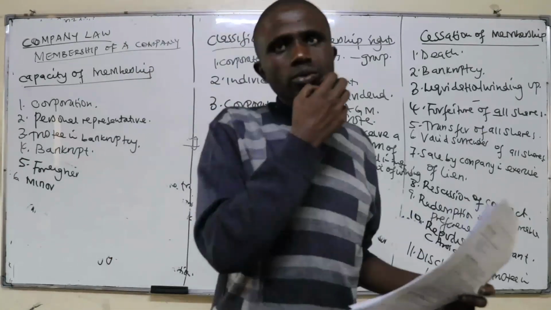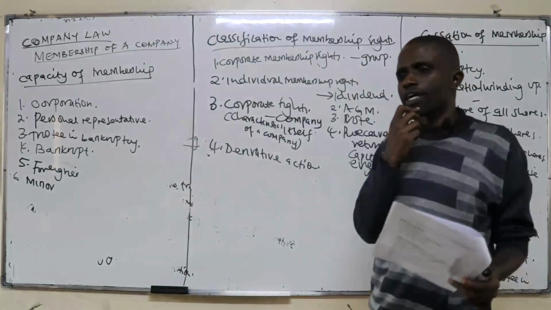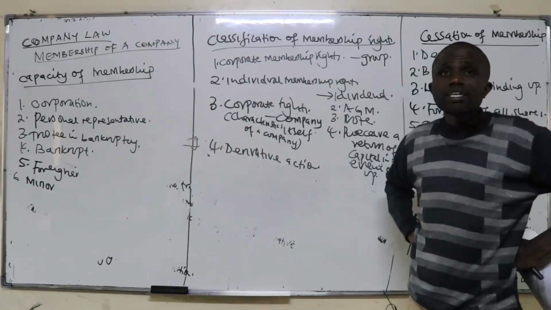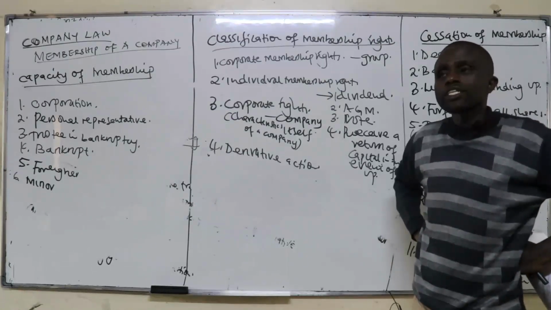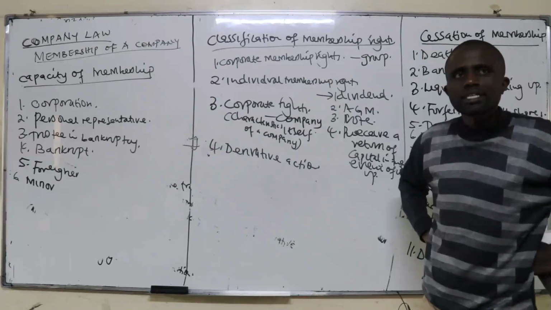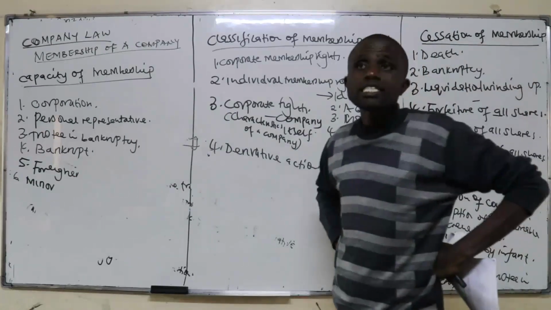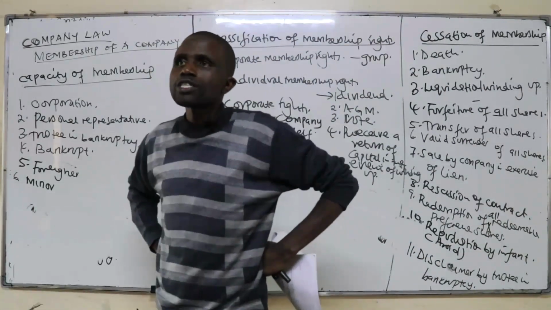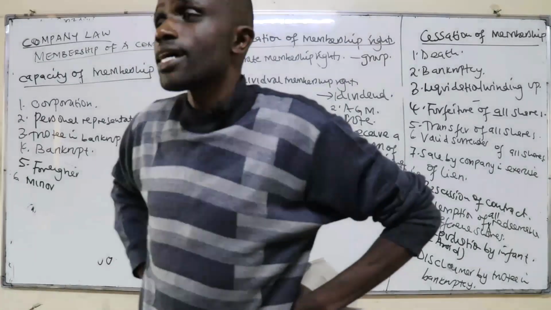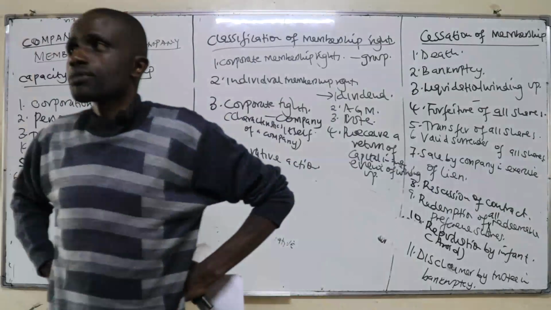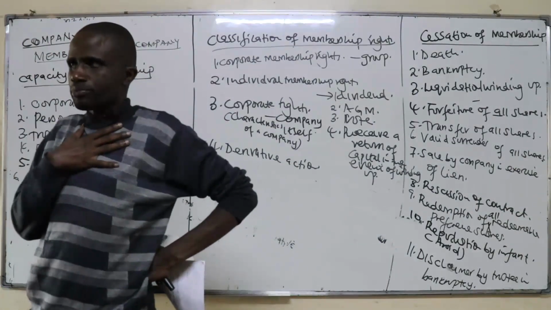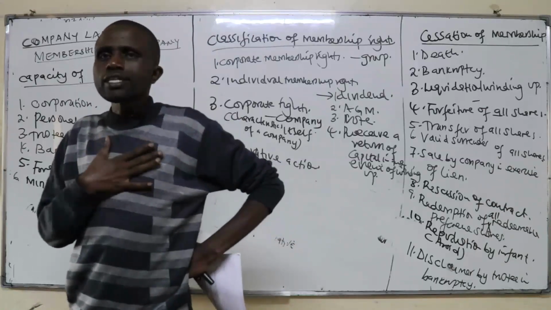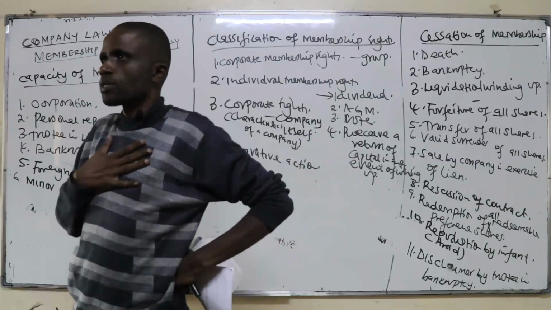Now, let's say in a case where I feel aggrieved. What the majority have done is wrong. For example, the majority removed XYZ as director, which is illegal. Or the majority approved borrowing 10 million shillings against the articles of association. Me as an individual member of the company, if I feel that whatever the majority have done is not right, what can I do?